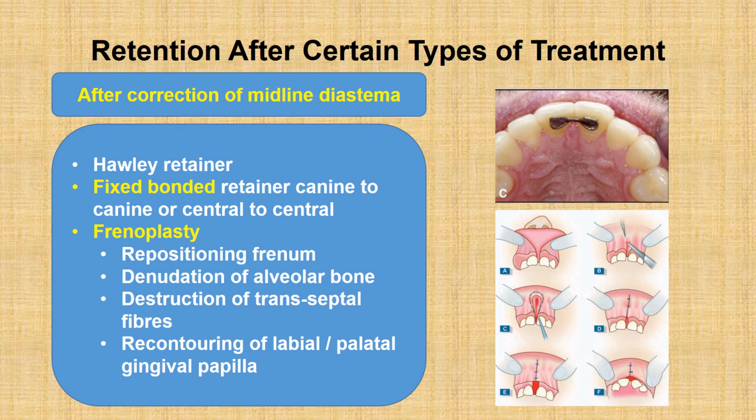An adjunctive procedure that is useful or necessary is a frenectomy. This will reposition the frenum in a superior position, denude the alveolar bone and destroy the transseptal fibers, and it also allows recontouring of the labial and palatal gingival papilla, and this is shown in the diagram here.